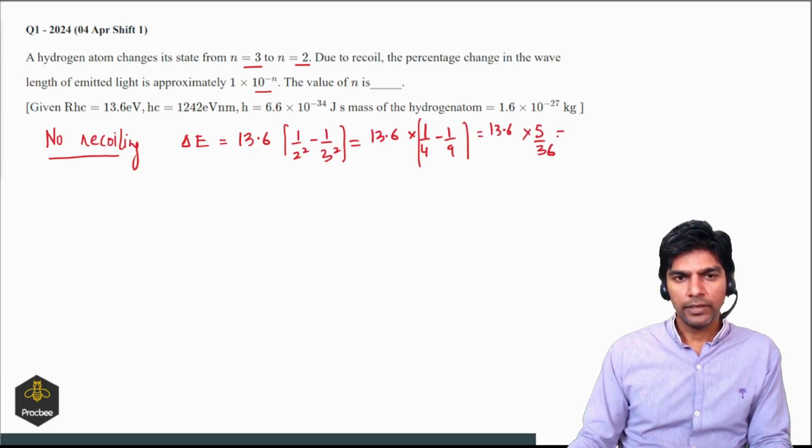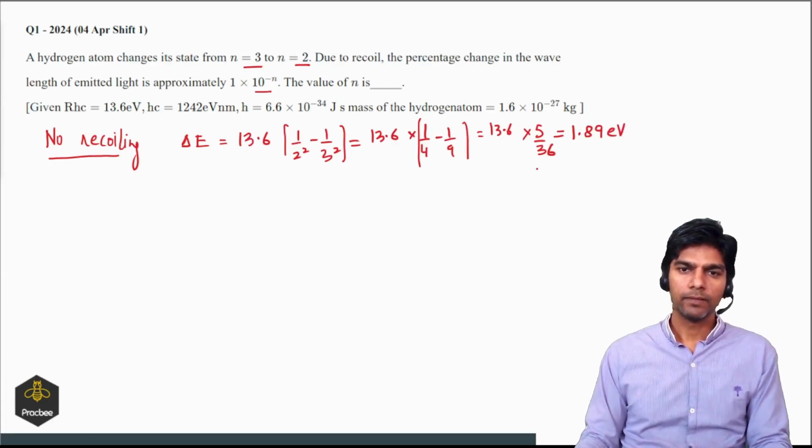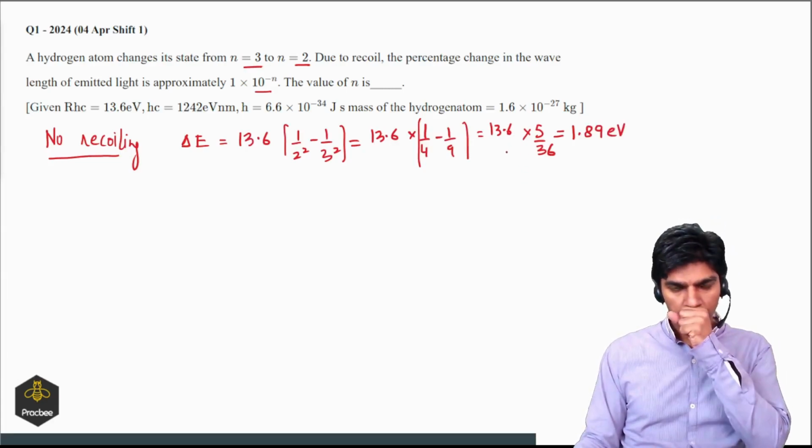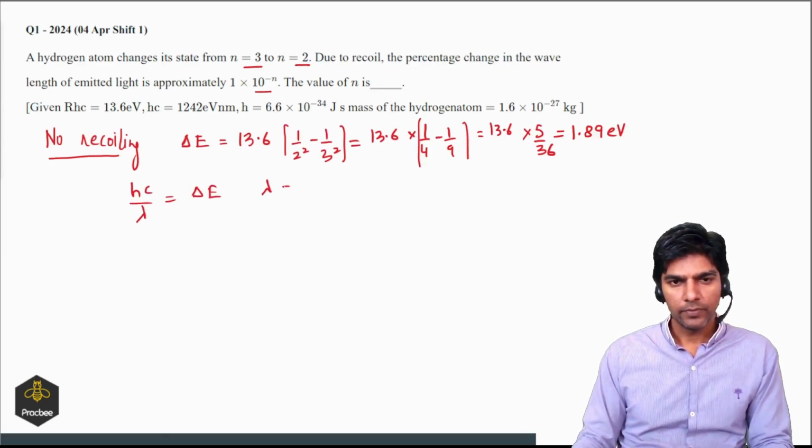Okay, and this comes out to be 1.89 electron volt. Got it? Yes, 1.89 electron volt. Now if there is no recoiling, then hc by lambda will be nothing but delta E. So lambda comes out to be hc by delta E. Okay, we can use this.